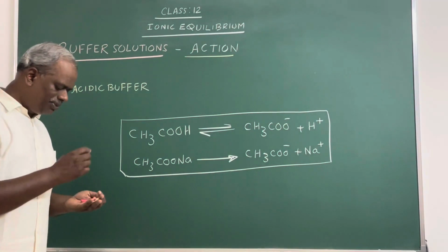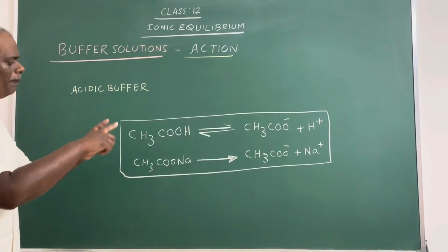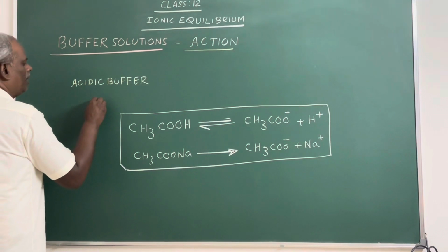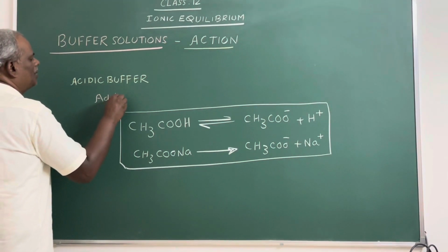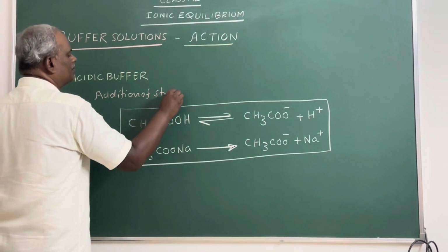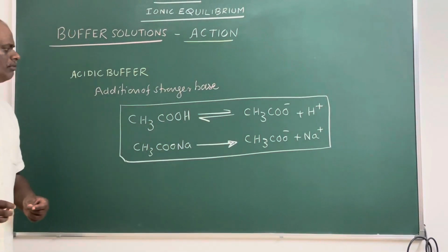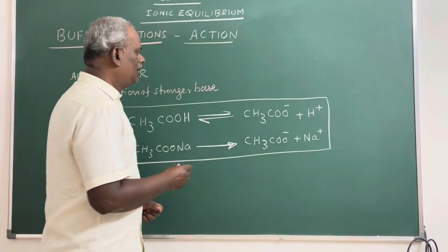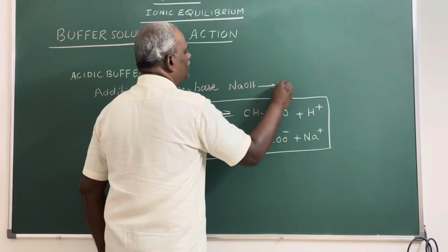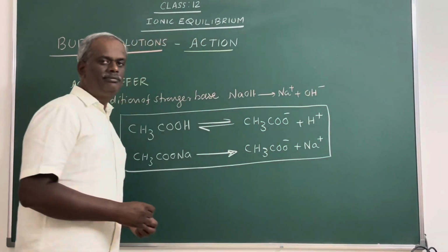So when you add something, a stronger base or stronger acid, into this, how is the pH maintained as constant? First of all, on the addition of stronger base into this, how is the pH maintained? We know this is the stronger base NaOH that is dissociated to form Na plus and OH minus.